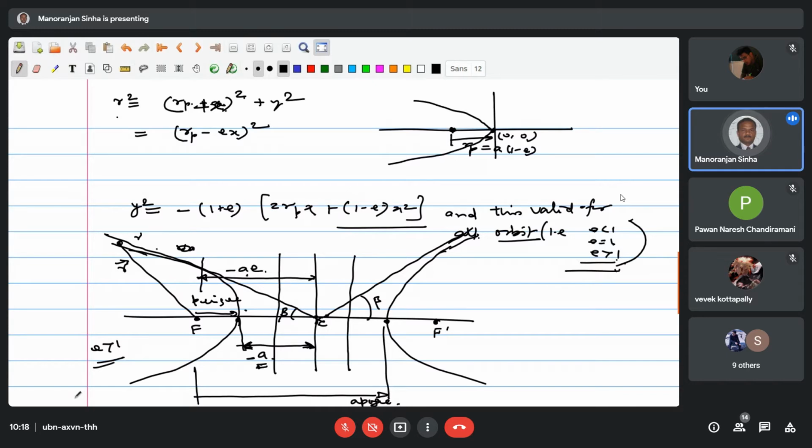We'll discuss this later on once the actual problem appears. This angle here we can show as theta. So once r tends to infinity, we show this as theta infinity. Theta infinity corresponds to r infinity.